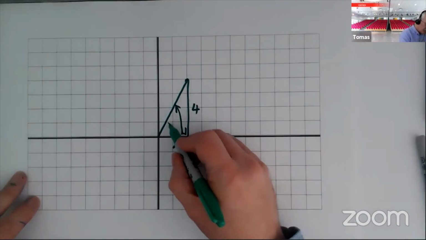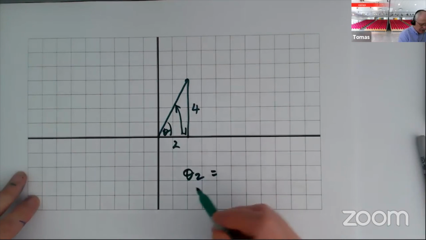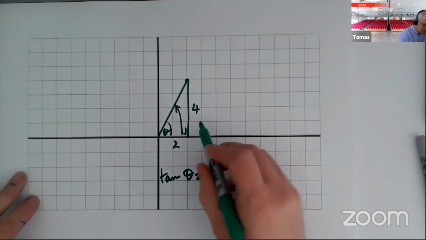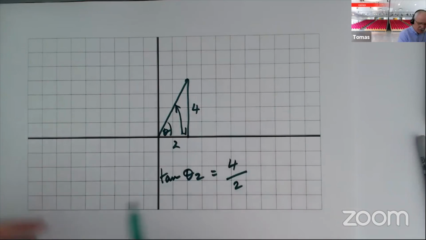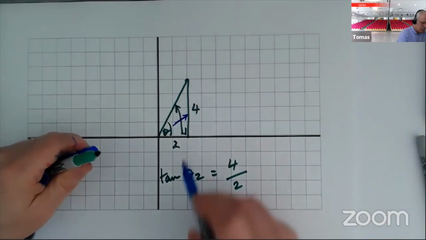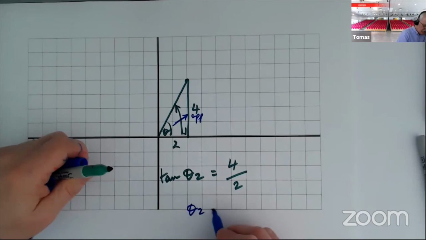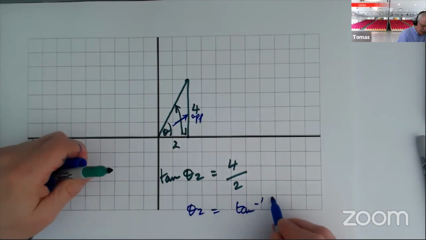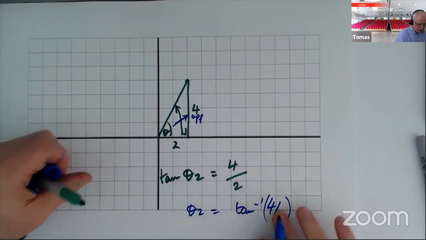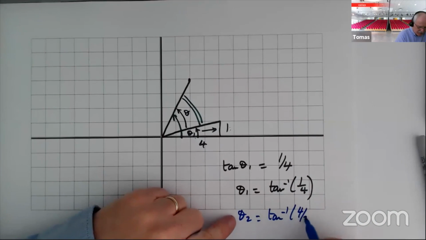So 4 over 2 is the tan. Tan theta 2 is 4 over 2, because that's the opposite. So theta 2 is inverse tan of 4 over 2.